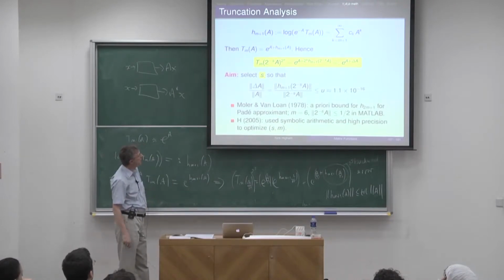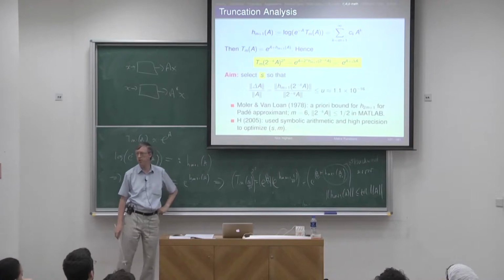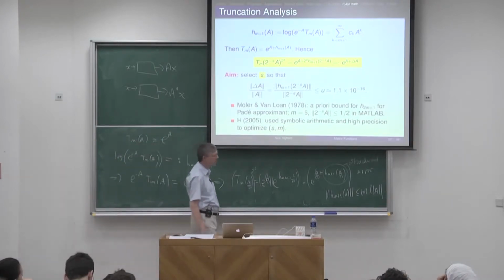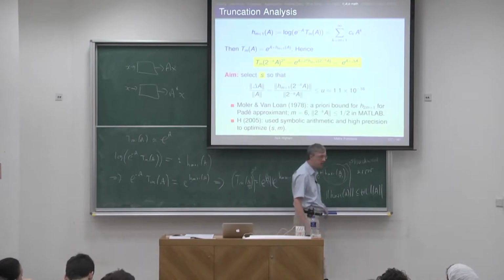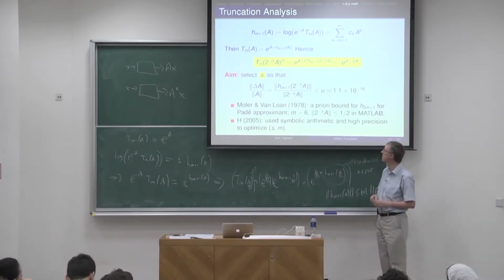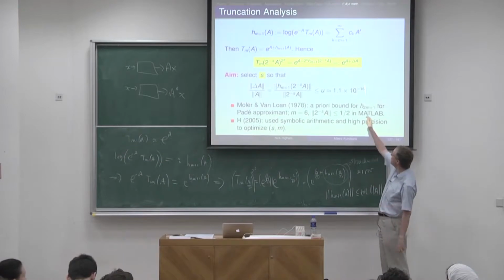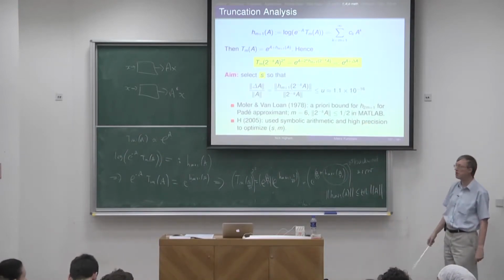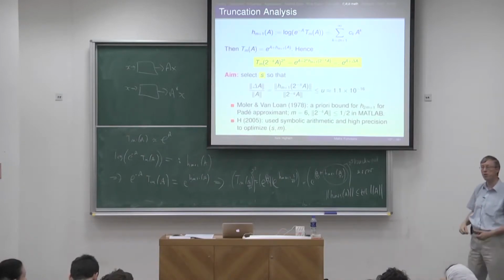And this approach, this type of analysis, is actually in the original Nineteen Dubious Ways paper. And they were doing this for the Padé approximant of degree 6. So everything I've said would work equally well with T_m replaced by any rational function. I haven't actually used the fact that T_m is a polynomial or that T_m is the Taylor series.